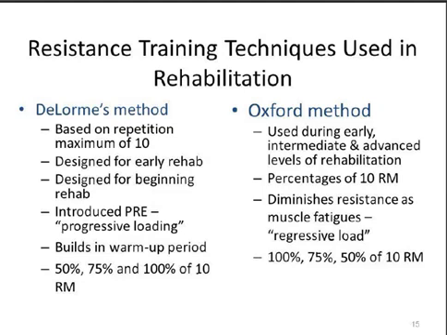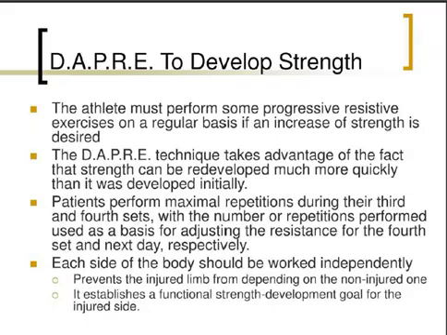Since the DeLorme and Oxford systems of training were first introduced, numerous variations of PRE protocols have been proposed and studied to determine the optimal intensity of resistance training, optimal number of repetitions and sets, optimal frequency, and optimal progression of loading. In the same way, we see a new protocol, the DAPRE protocol. DAPRE stands for the daily adjustable progressive resistance exercise technique.